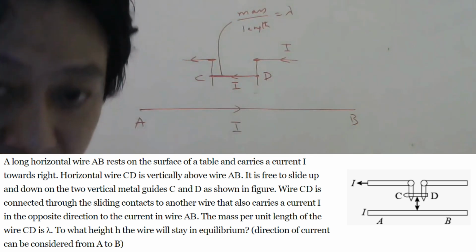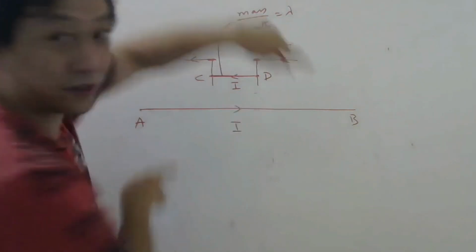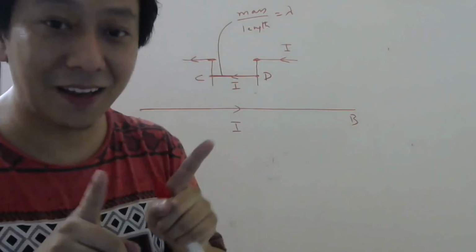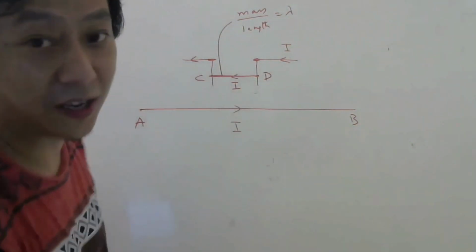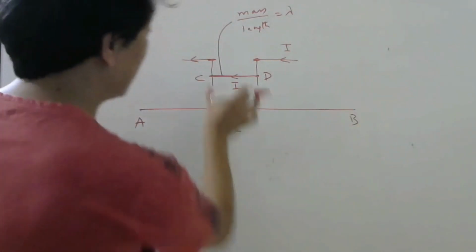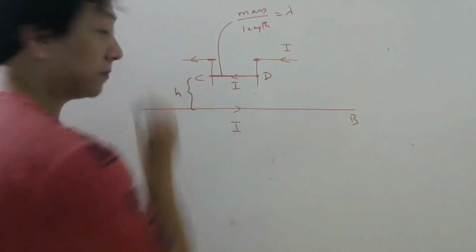So look at these two carefully. These two are parallel wires, but they carry current in opposite directions. Like currents attract, unlike currents repel. So this is unlike currents, opposite direction, so these two will repel. This is on the table, so it will not go anywhere. So this will jump to some height. Let us say this height is h.